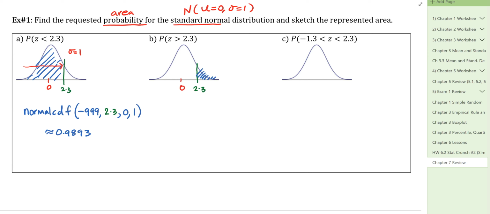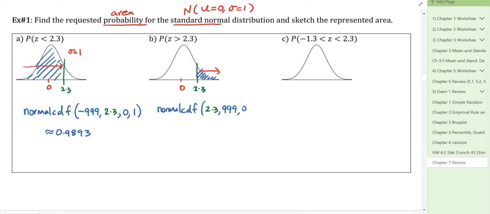So again, I'm using my calculator, normal CDF. And my lower bound in this case, think about your arrow here, I'm starting from the lower side, from 2.3 all the way to positive infinity. So I start at 2.3 as my lower bound, and then my upper bound is a big positive number, so 999.